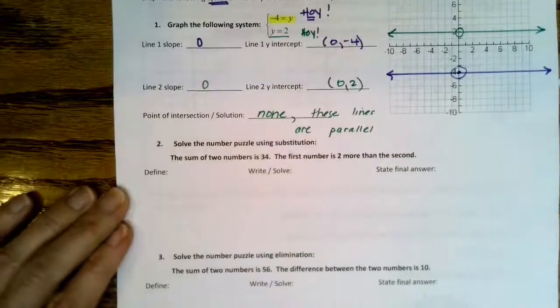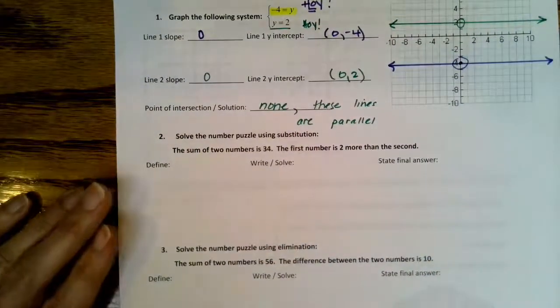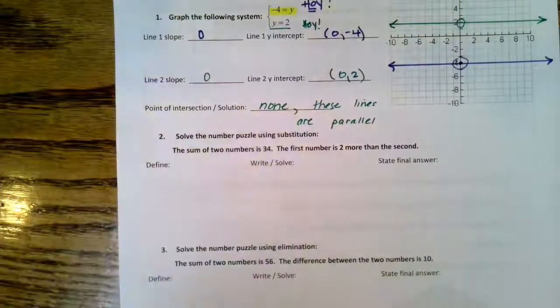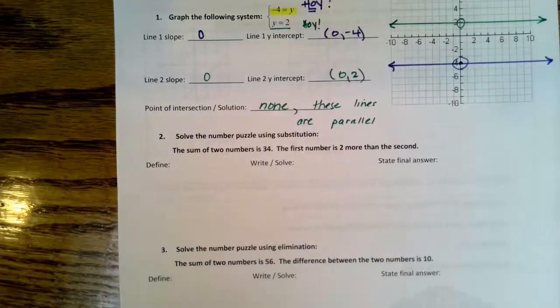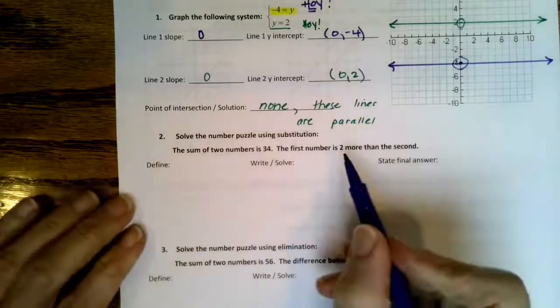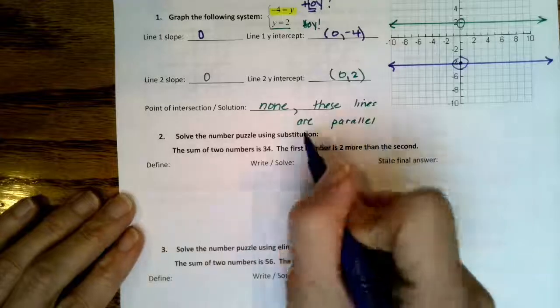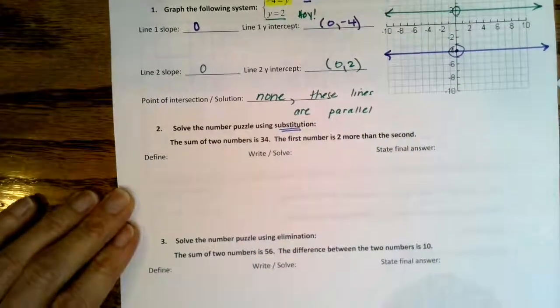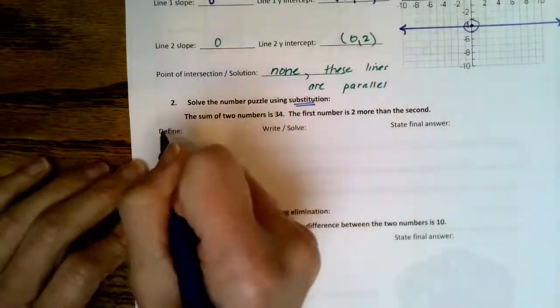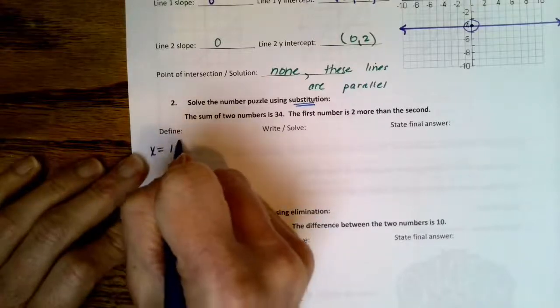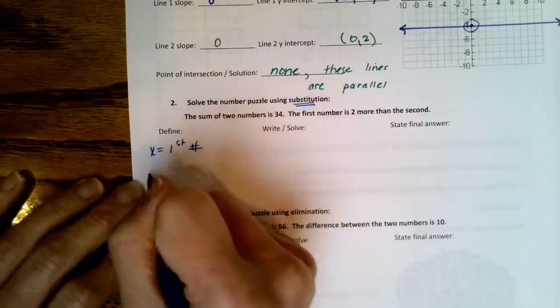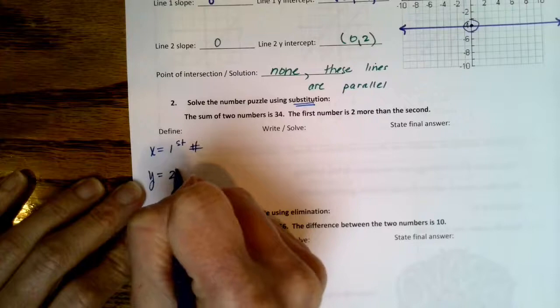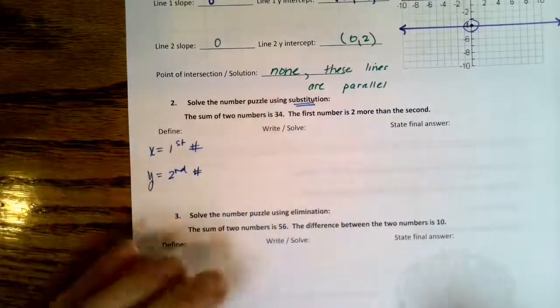All right, now we have these number puzzles, and we'll go ahead and take a look at these. The sum of two numbers is 34. The first number is 2 more than the second, and they asked us to use substitution here. So our first step is to define: say x is equal to our first number, and y is equal to our second number.